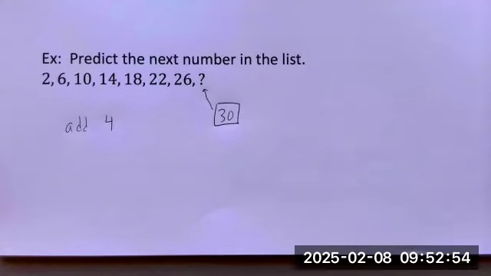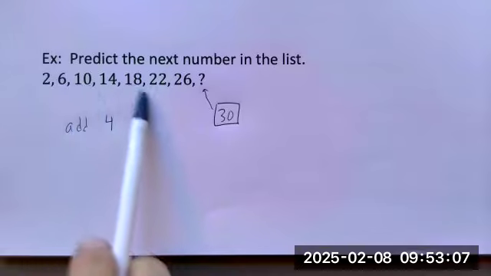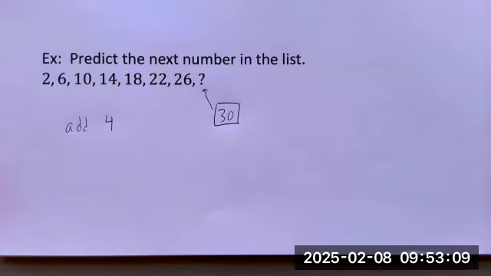Okay. So with inductive reasoning, there's always this shadow of a doubt. Like, I think it's 30, but maybe there's some other pattern going on behind the scenes that's not adding 4, it's something else, but would also happen to give these first few numbers. I doubt it, but there's always that small possibility when we're using inductive reasoning.